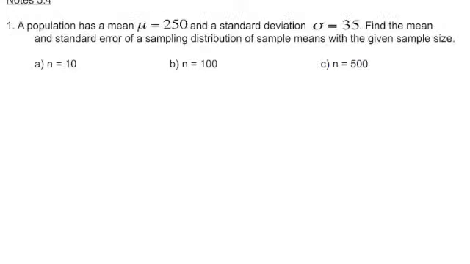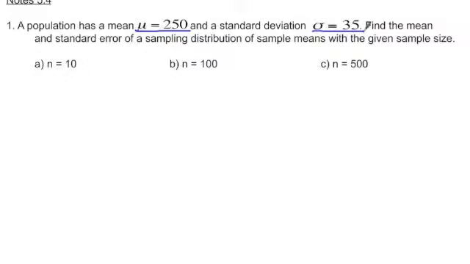Alright, so let's take a look at our examples here. Population has a mean of 250 and a standard deviation of 35. We want to find the mean and the standard error of a sampling distribution of sample means given the sample size in each problem. So we need to use these values as we go through these problems, right? And for all of these, we know the mean of the sampling distribution, or the mean of the sampling means, is equal to the population mean.